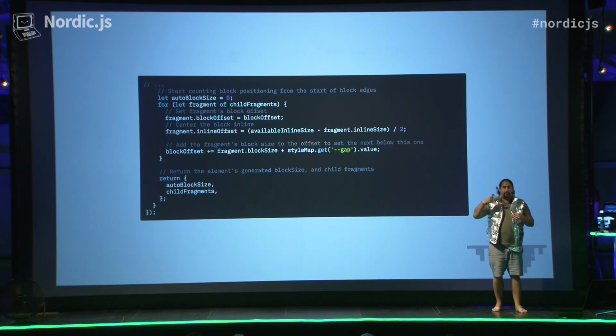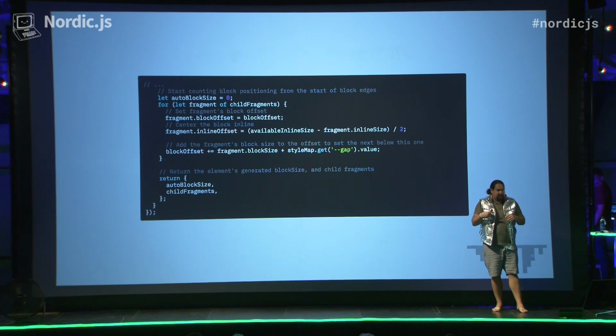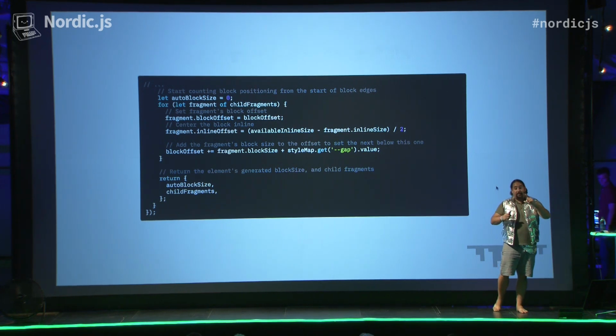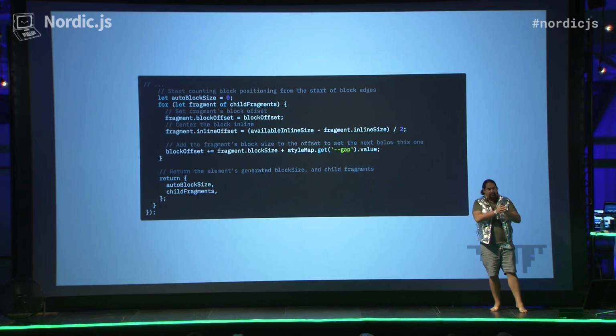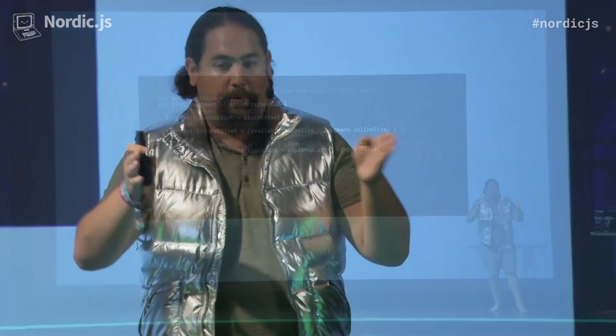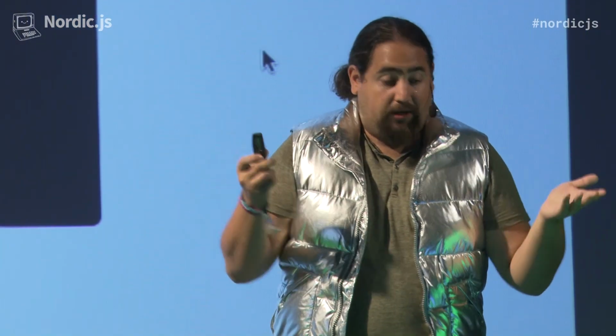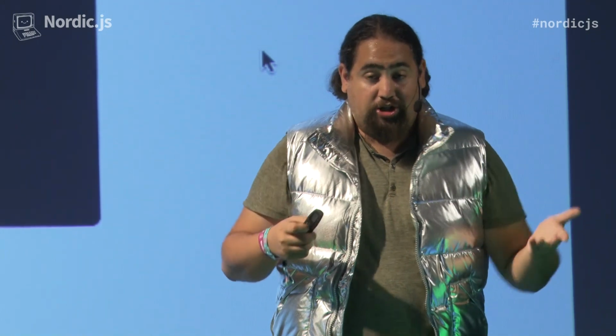Then we're adding to our block offset the fragment's block size and the gap value that we have, because we're going to have a gap in between each one of these. But it's basically inline size where we want to position it, x and y coordinates. And then once we're done with that, we return our child fragments, and we return that new block size, and that's going to create our new block size for our element.